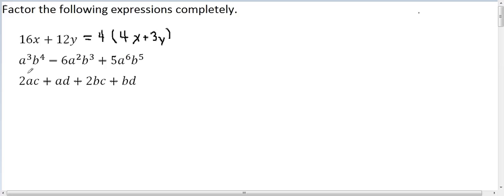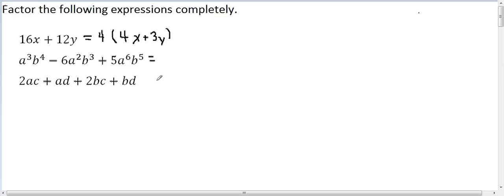Next, we need to factor a cubed b to the 4th power, subtract 6 a squared b cubed, plus 5 a to the 6th power b to the 5th power. If we look at the number part of the three terms here, 1, minus 6, and 5, we can't really factor any numbers out from these three terms.